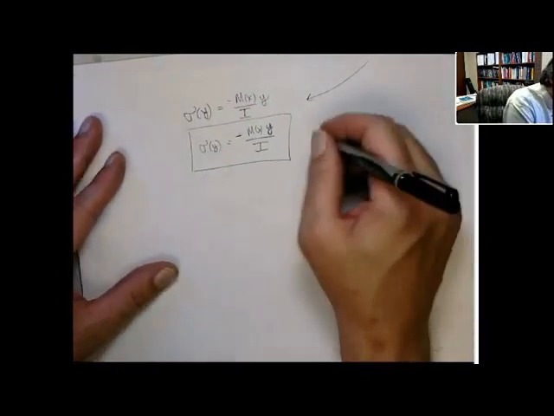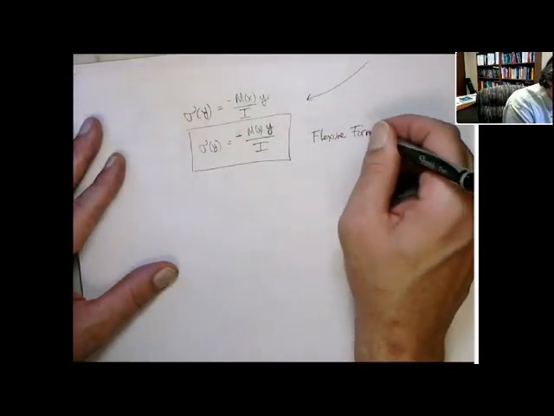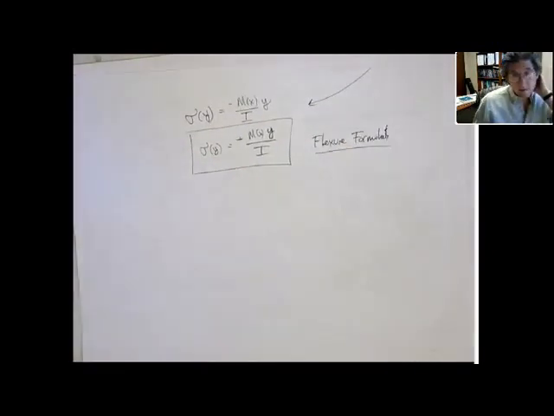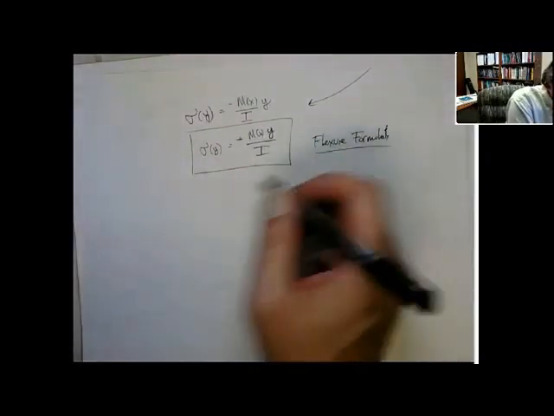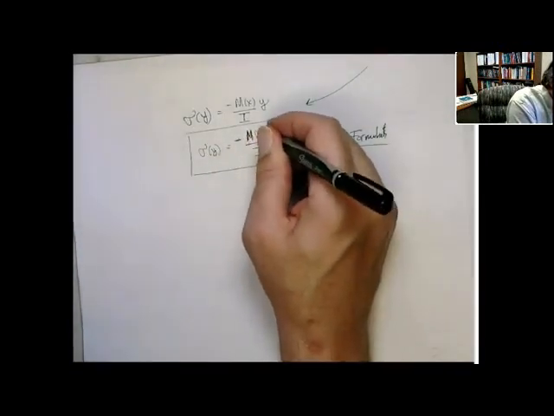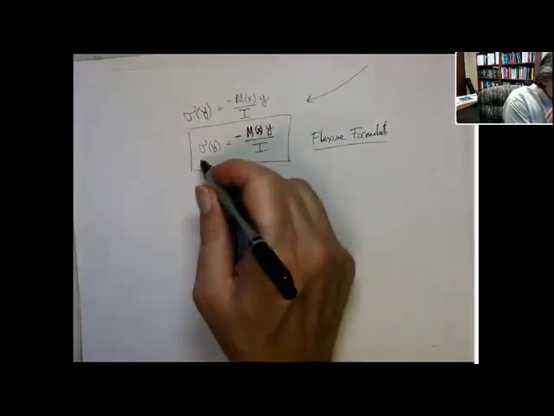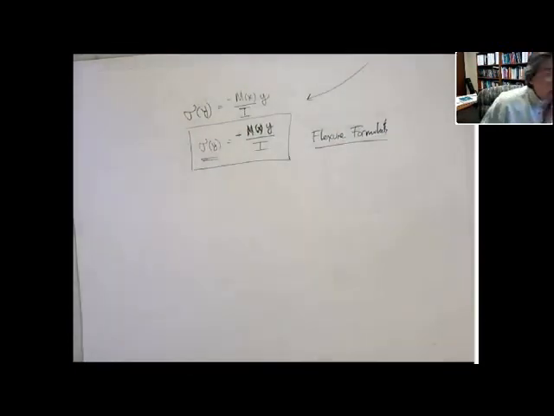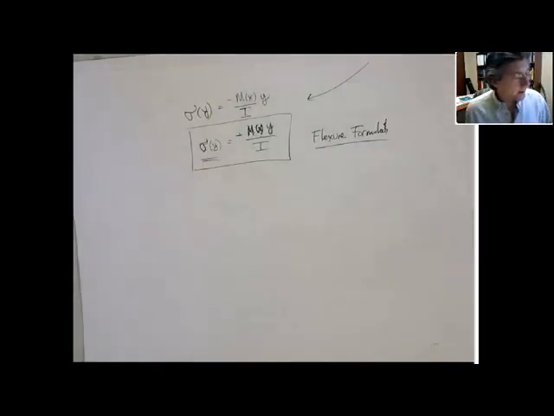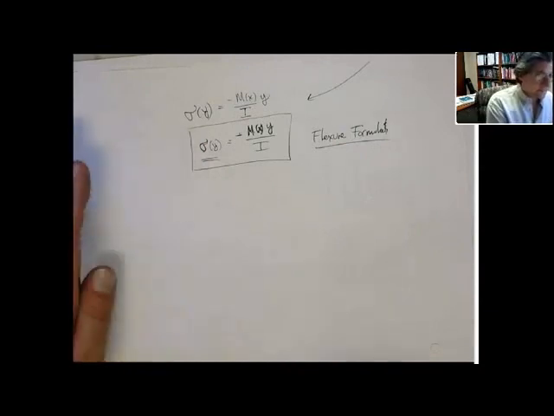But anyway, this is now our flexure formula. So let's just talk about it. This is very significant. I should probably write it a little more neatly. Okay. So this is going to relate. Now we can determine the internal normal stresses in the beam cross section as a function of y.